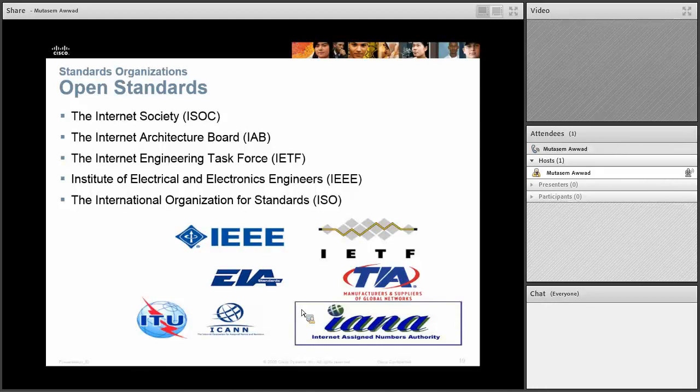The IEEE are the ones that house all the LAN protocols, such as 802.3 for Ethernet, 802.5 for token ring, and so on. The ISO, the International Organization for Standardization, are part of the ITU, the International Telecommunication Union, and they are the ones that came up with the 7 layers of the model. They said we want the data to be encapsulated through 7 layers instead of 4, like the TCP/IP model. We'll discuss that in a few minutes.